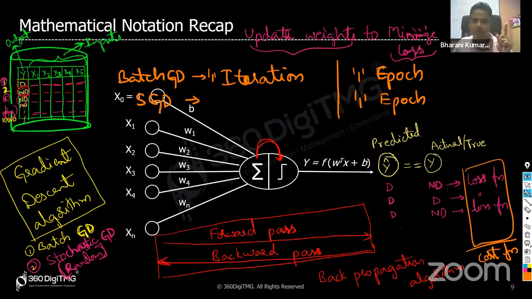Because each time an observation is selected, you pass its inputs to your network, calculate the loss, and come back and update the weights. So how many iterations will you have? 10,000 iterations, because your dataset has 10,000. If your dataset has n observations, then n iterations will be there in one epoch.